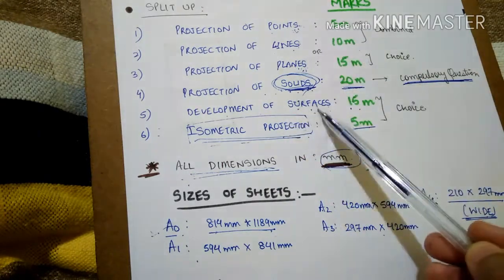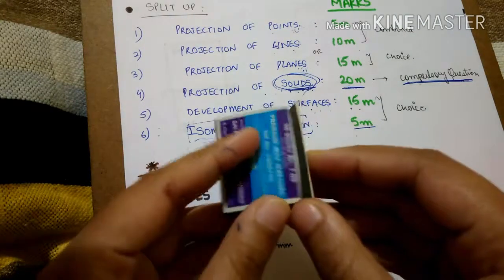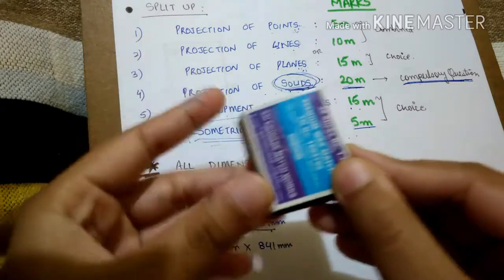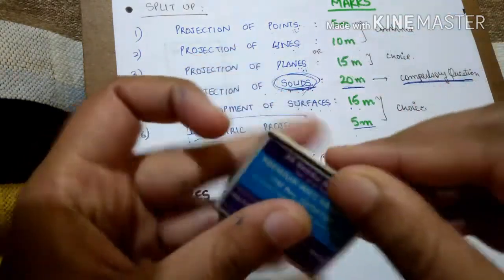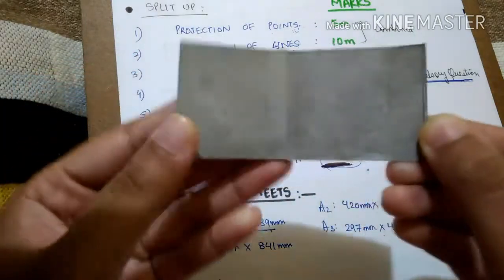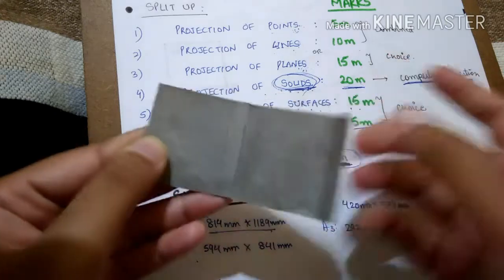Now, to have a basic idea of development of surfaces, consider this cover of a matchbox. If you cut it through this particular edge, which I've already cut, then you get 2 small rectangles and 2 large rectangles having same lengths.